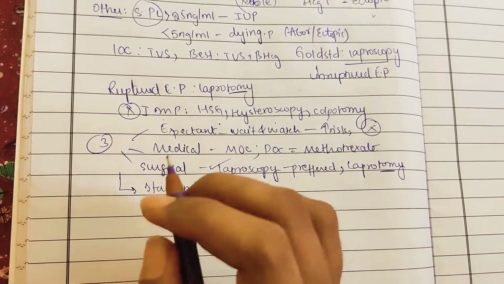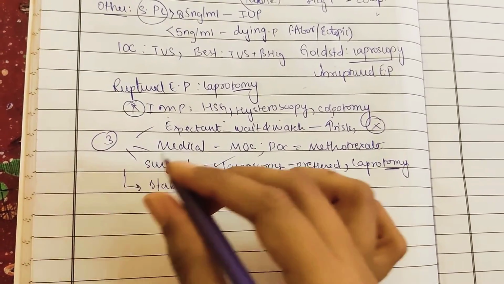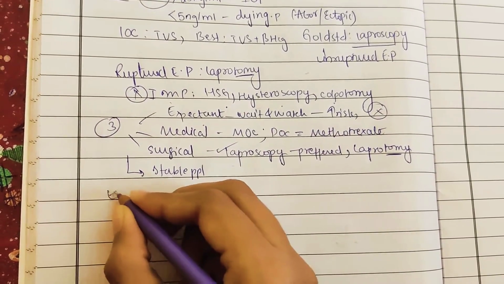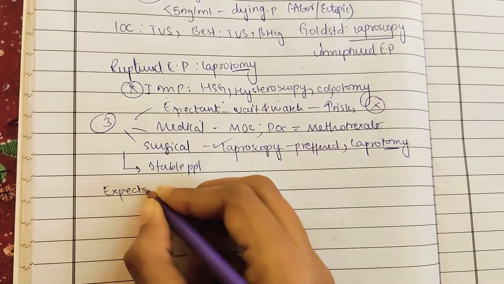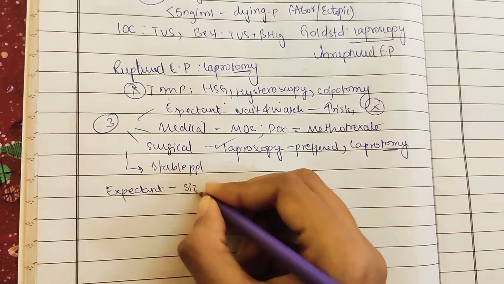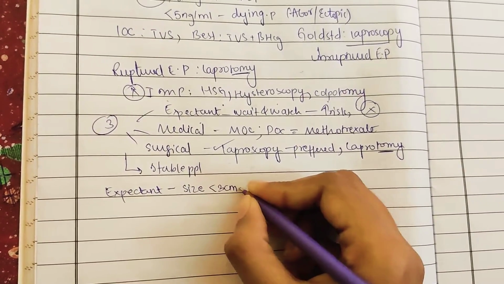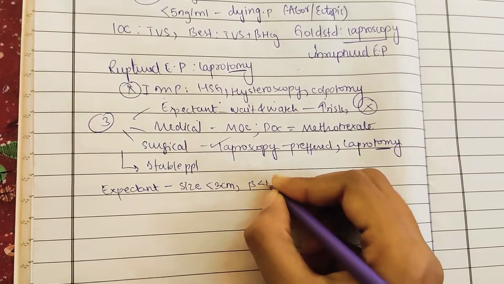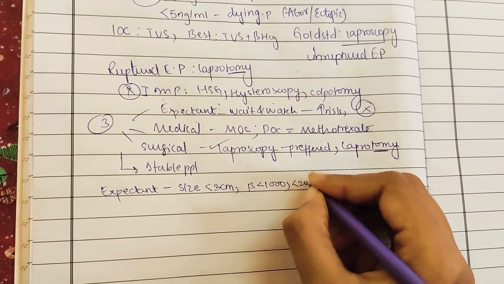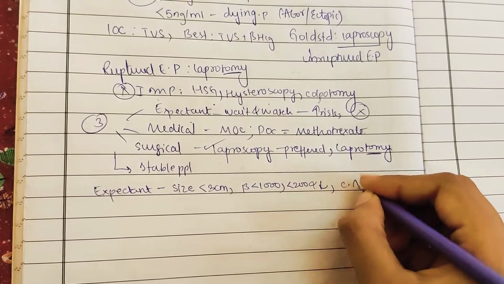Okay, but for expectant and medical management, there are some conditions. For expectant, the conditions are the size of the ectopic should be less than 3 and beta HCG should be less than 1000, or you can say less than 200 international unit, and it should be decreasing, and the cardiac activity is absent.